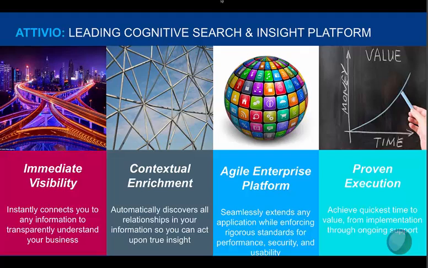And from there, our ability to not only unify our data sources through a single unified index, but also to contextually enrich that data set, performing content analytics using machine learning and natural language processing capabilities around stemming, lemmatization, entity extraction, classification, sentiment analysis, really empowering the end users to ensure that you're unifying all of your data and enriching it as part of the ingestion workflow into an Attivio platform.